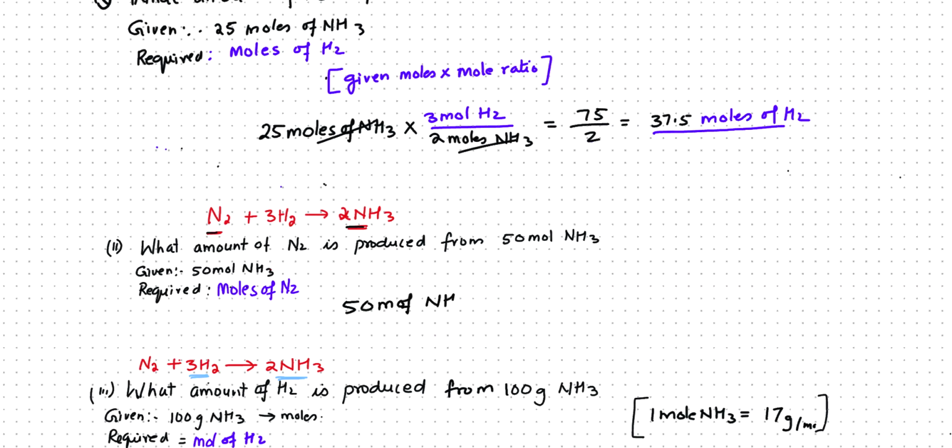So the mole ratio is between nitrogen and ammonia. So 1 mole of nitrogen makes 2 moles of ammonia. So we write 1 mole nitrogen makes 2 moles of ammonia.